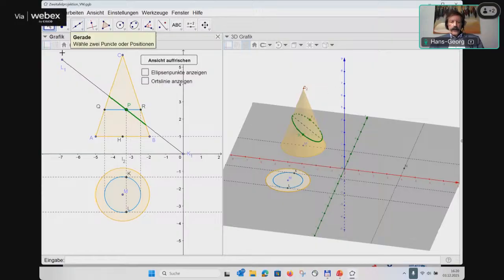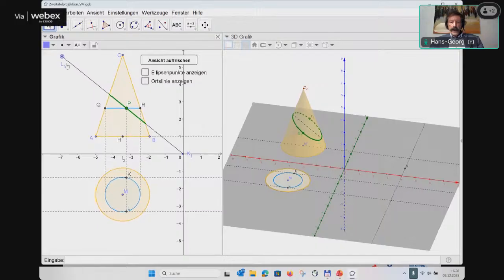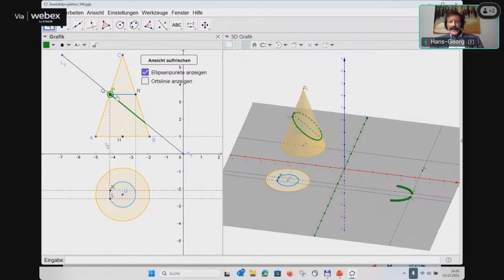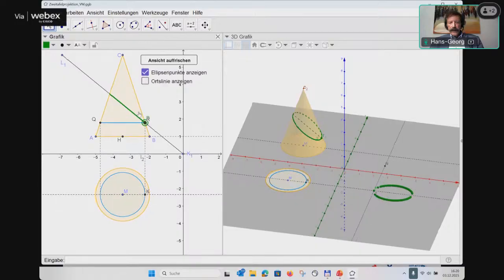And if this is the plane, here you see the intersection points, and this construction, which I don't explain in detail now, lets you get the real size here.